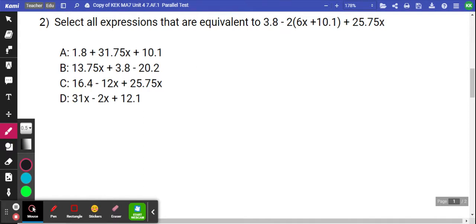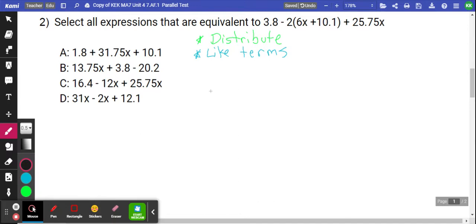So when you are simplifying expressions, first, we're going to distribute, and then we're going to take care of our like terms. We'll combine our like terms.